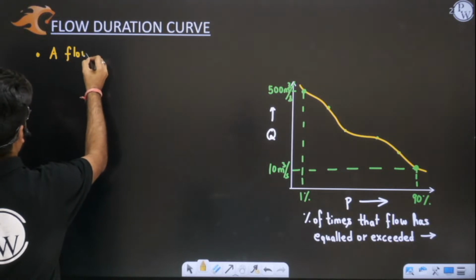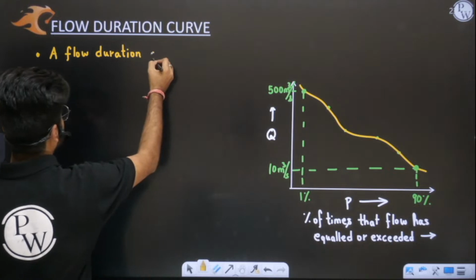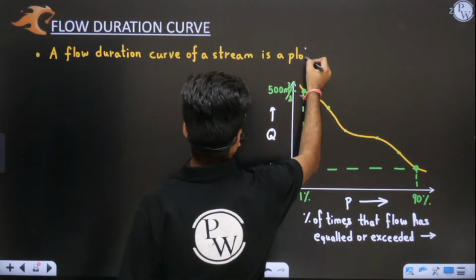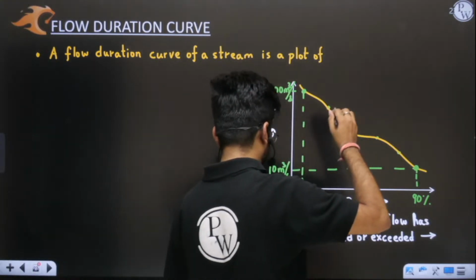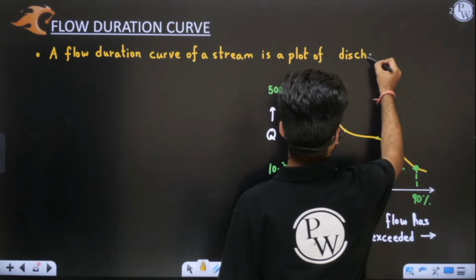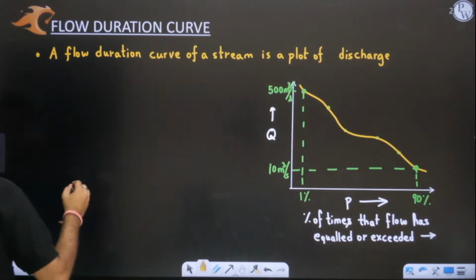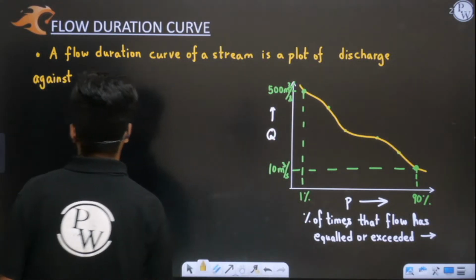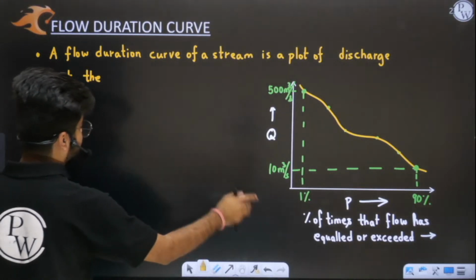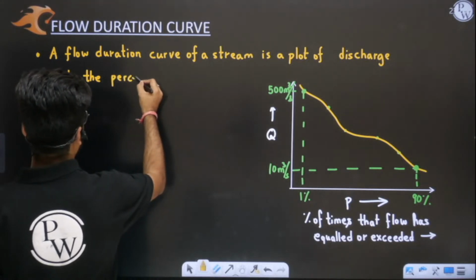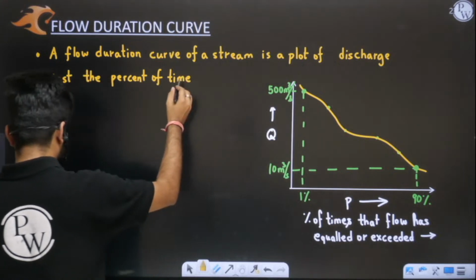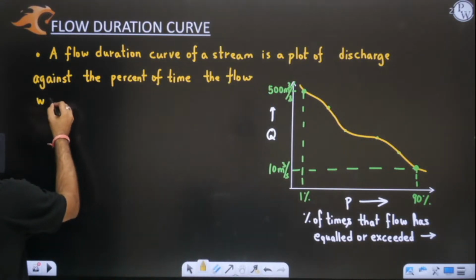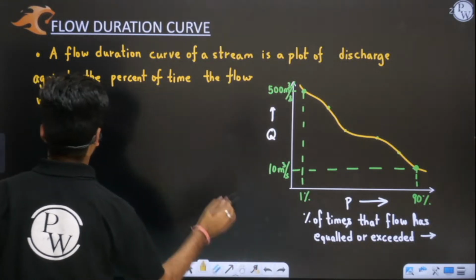A flow duration curve of a stream is a plot of discharge against probability. On the y-axis we have discharge, plotted against its occurrence probability, that is, against the percentage of time the flow was equaled or exceeded.